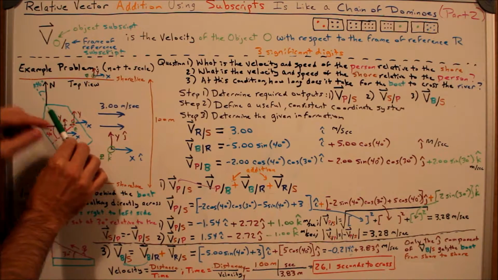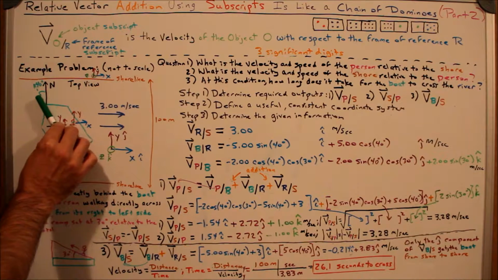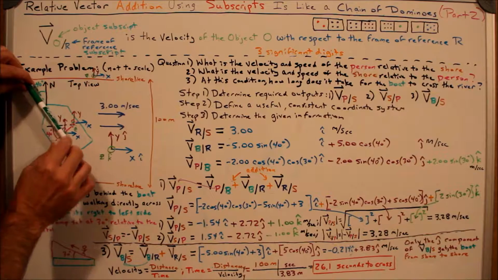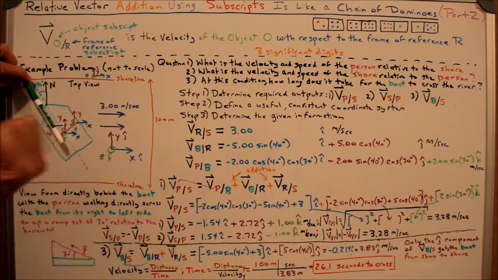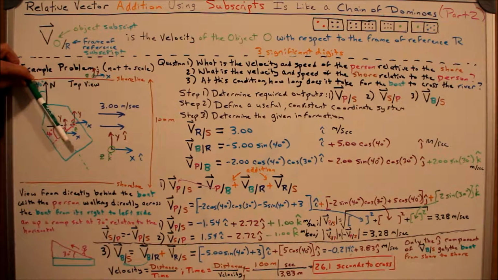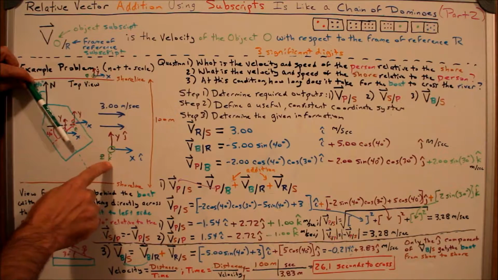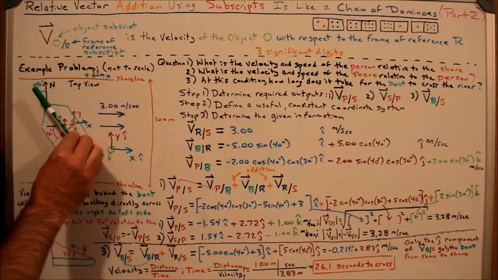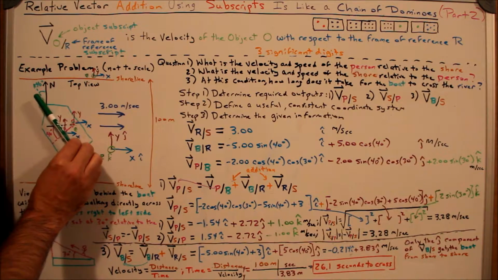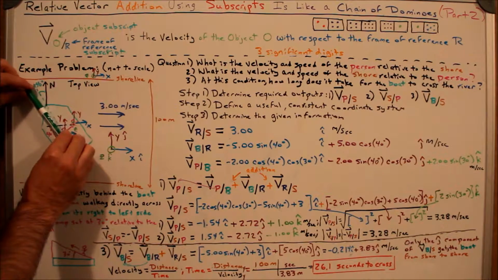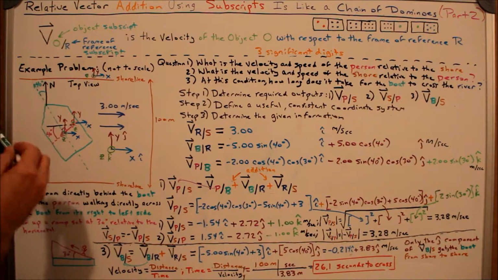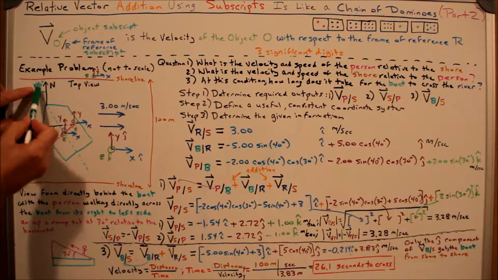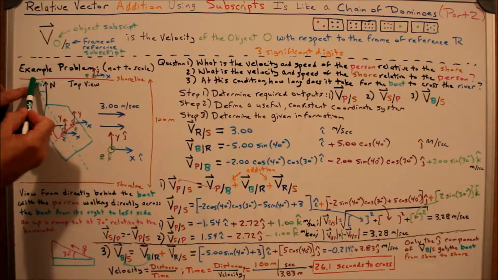And so now, I have the velocity of the boat with respect to the river, and I want to figure out its components. There's no component in the z direction, so there's no k hat, but it's going this way in the i hat direction, so I know it's negative. If I think about the component just in the i hat direction, that's opposite this angle, so I know that's a sine term.